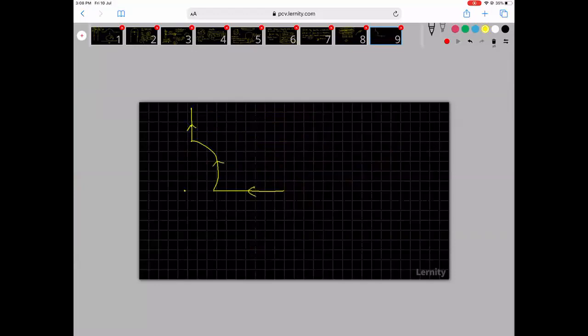What is the magnetic field at this point P, with current I going this way?